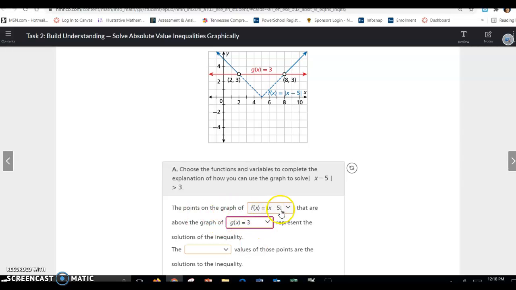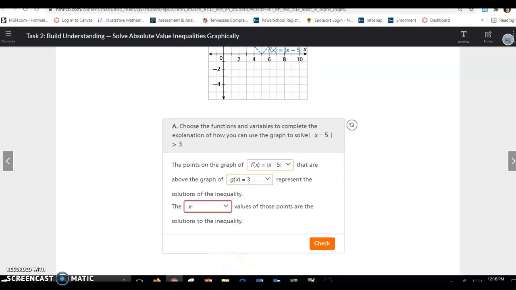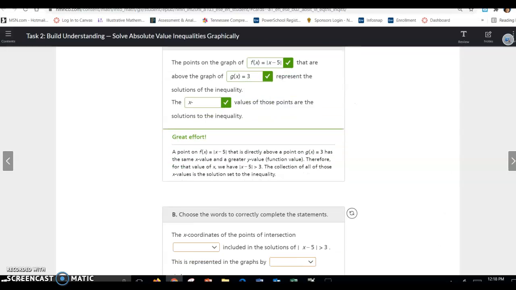So the points that are above this graph represent solutions of the inequality. All right, the x values of those points are the solutions to the inequality. Those are the endpoints there.